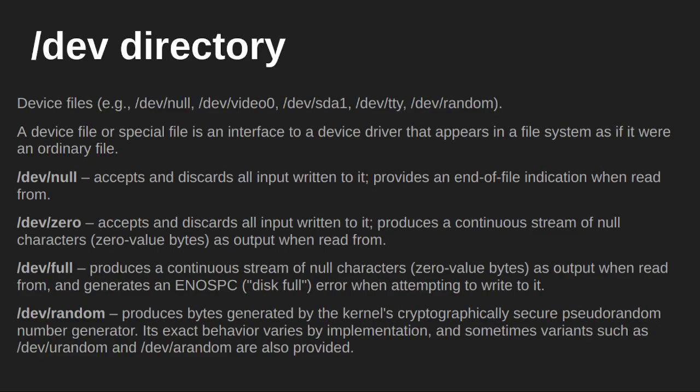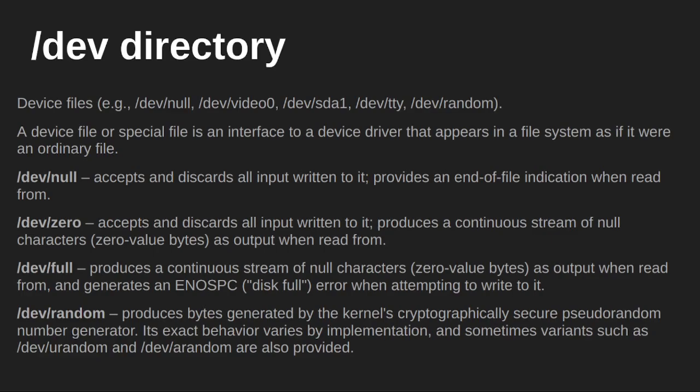End of file is used to indicate that the file has ended and the program should stop reading it. Dev zero accepts and discards all input written to it, and produces a continuous stream of null character, zero value bytes, as output when read from. Zero value byte means all the 8 bits in the byte would be zero.